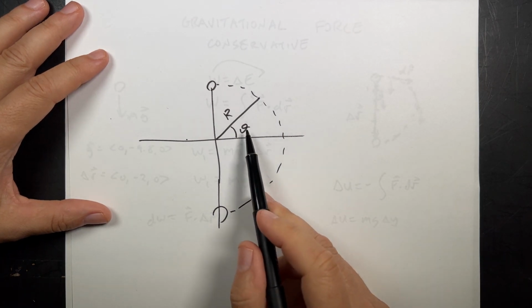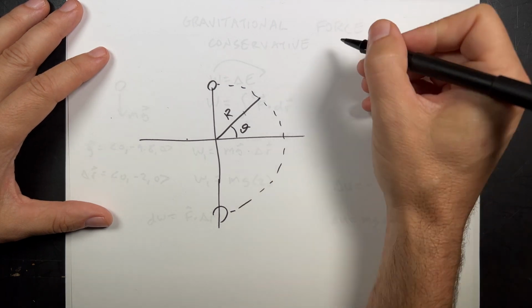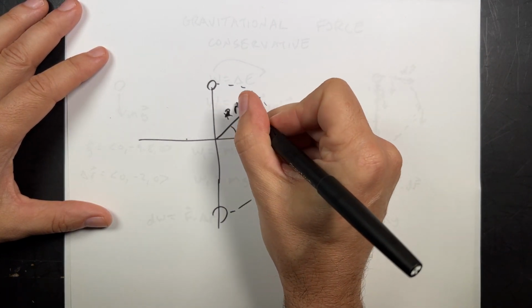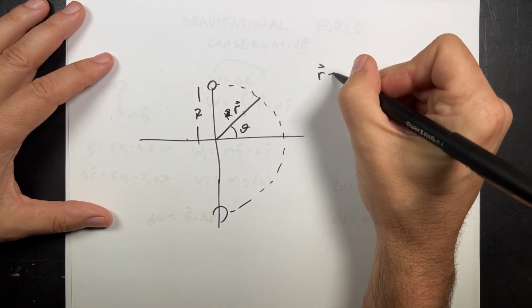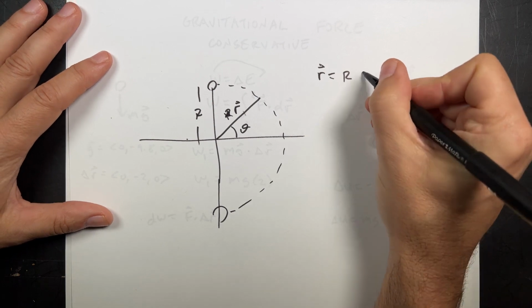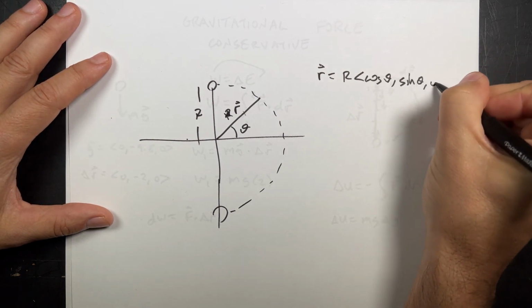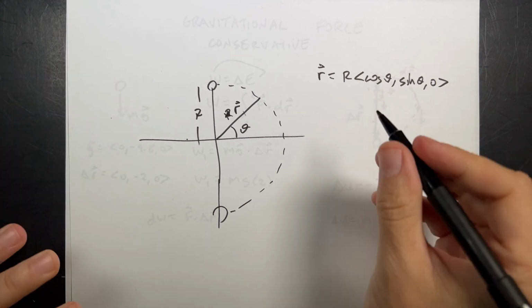And then if I just change theta, then I can calculate the location of this each time. Let's say this is a radius r, but I'll call that the vector r, and that's the distance r. So the vector r will be r times cosine theta, sine theta, 0.